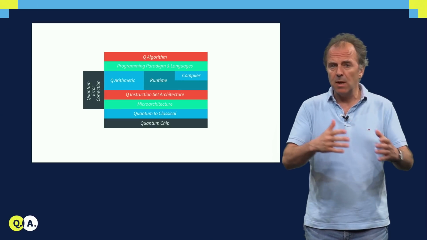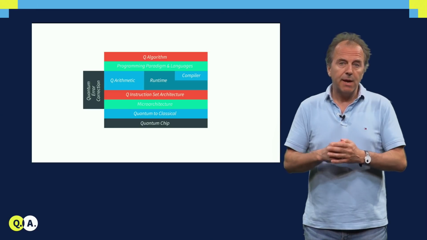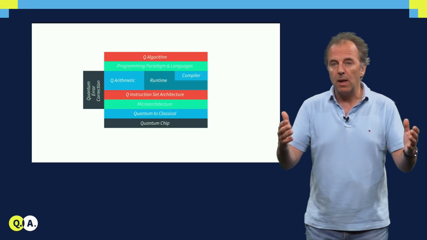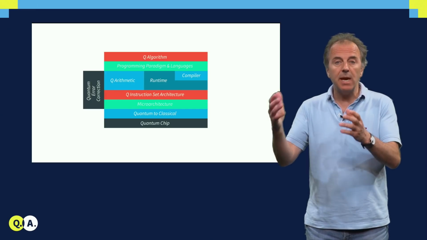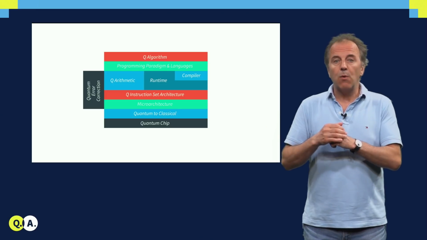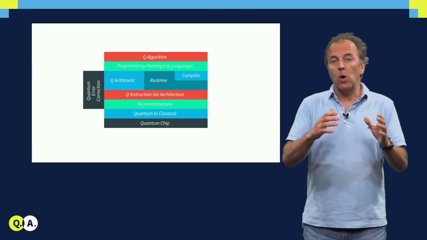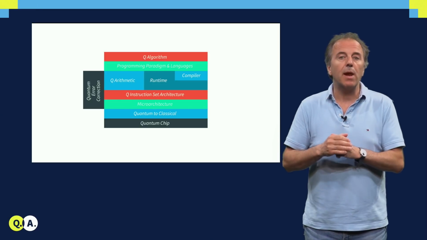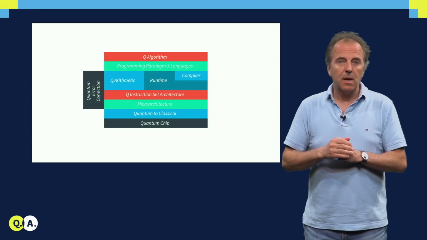There's CAFCC, there's Project Q, and here at QTech we are developing our own programming language called OpenQL, which is inspired by OpenCL, which is a language developed for GPU programming. And we're now shifting it to the quantum infrastructure, so making the changes to that language. So that's the programming language layer.